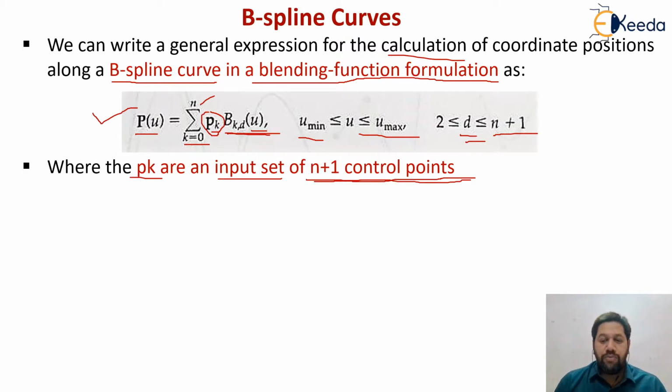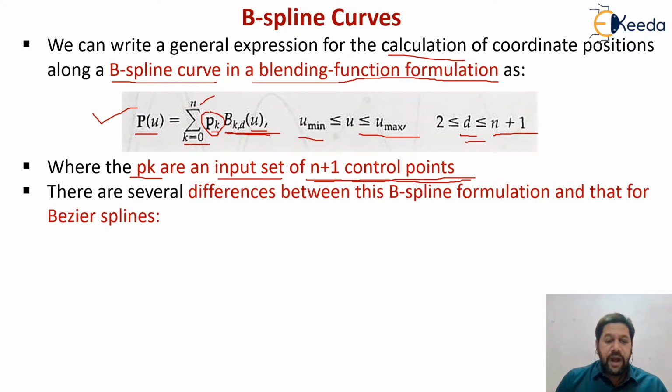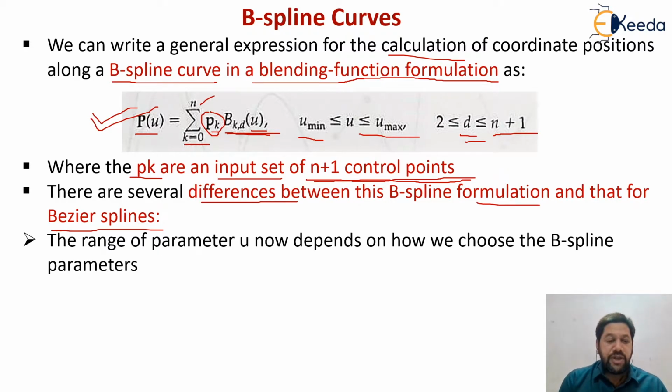There are several differences between this B-spline formulation and that for the Bezier spline, that is, between this equation and the blending function we have seen for the Bezier curve. Let us understand which differences we have.